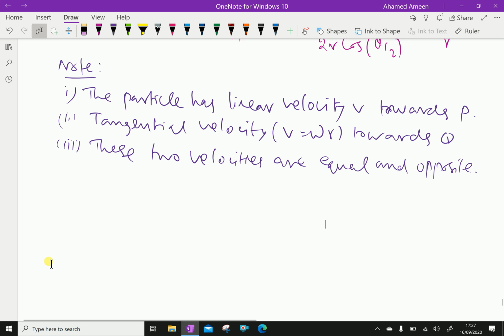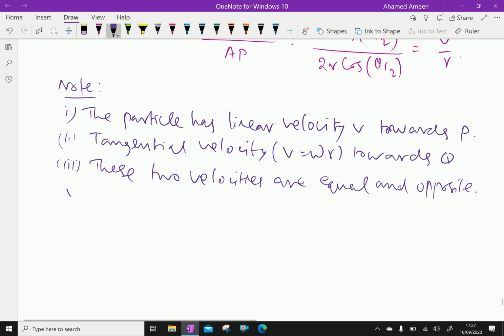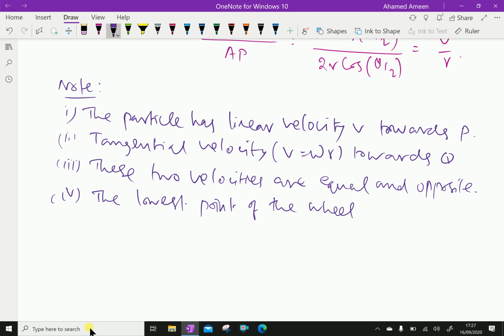The lowest point A is the instantaneous center of the motion of the wheel.